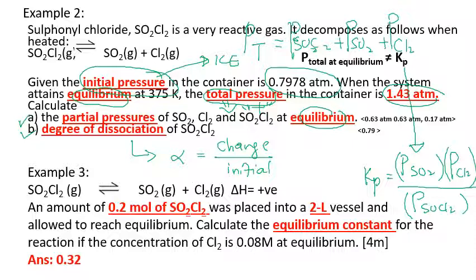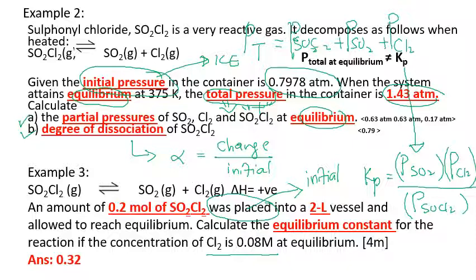Now, look at the third example. An amount of 0.2 mole of sulfonyl chloride was placed. Again, was placed means that you just put it into this container. So this also shows information which is initial, and it is allowed to reach equilibrium. Calculate the equilibrium constant for the reaction if the concentration of chlorine is 0.08.